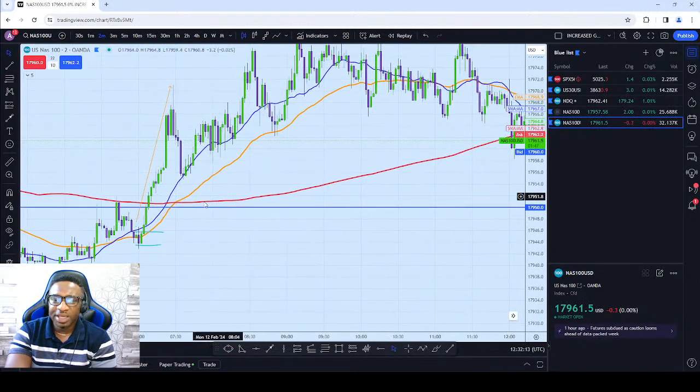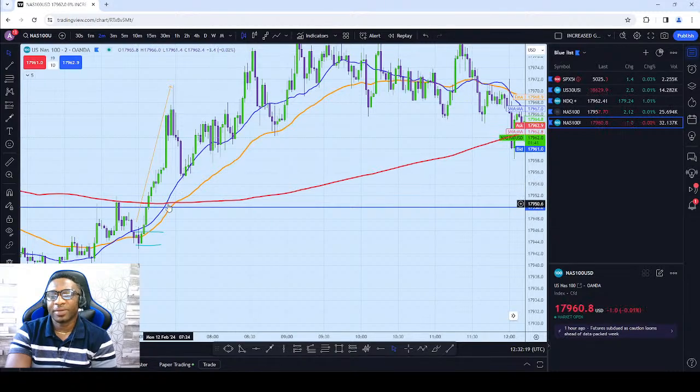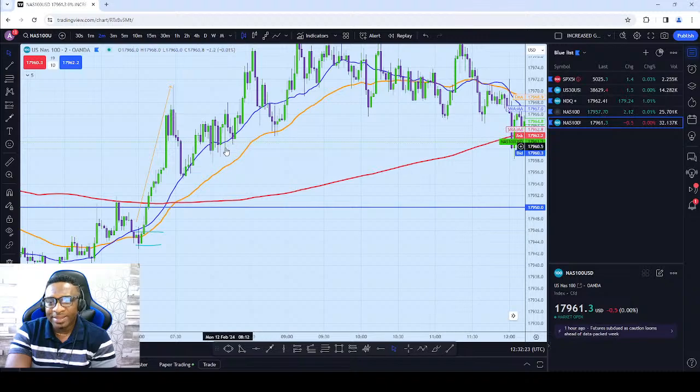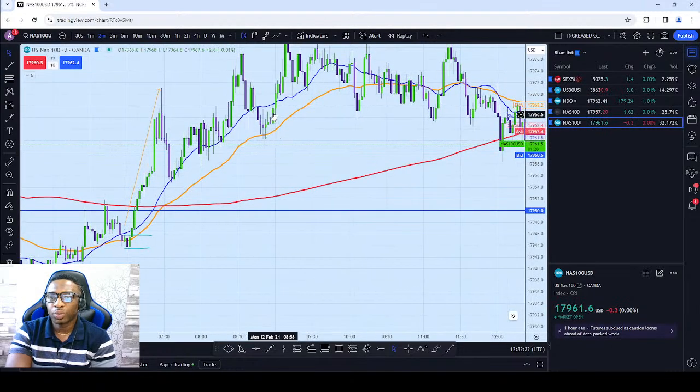As I was saying before, the blue line is not just this skinny line, it is an area. So if price drops below it, it still holds as price being above the moving average.